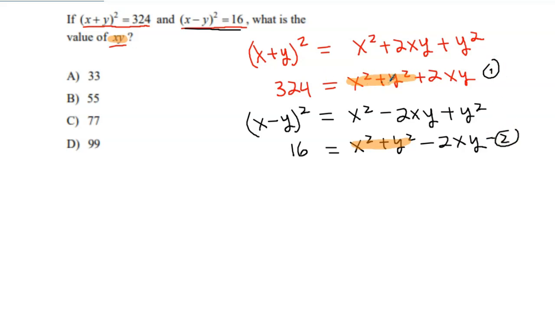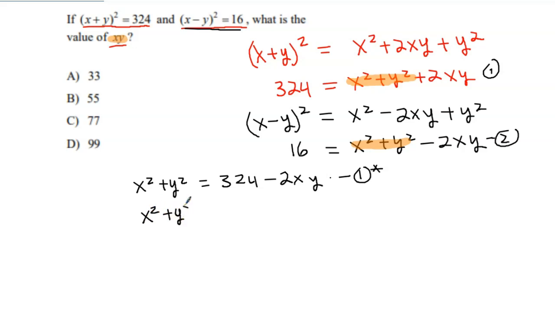Equation 1, if we isolate the x squared plus y squared, we will get x squared plus y squared equals 324 minus 2xy. This is equation 1 star. And then from equation 2, we can also get x squared plus y squared equals 16 plus 2xy. And we can call it 2 star.